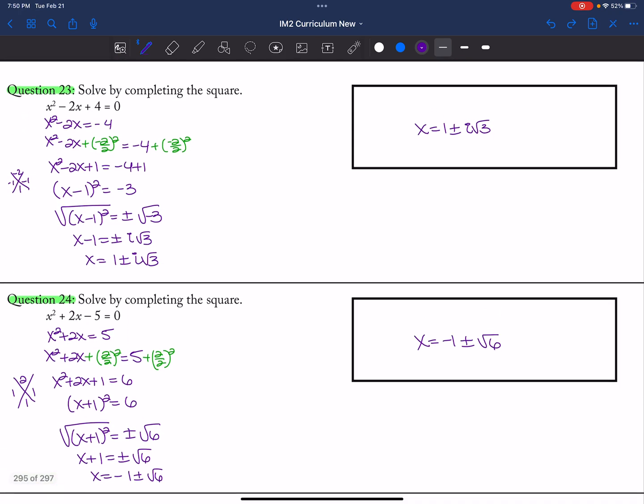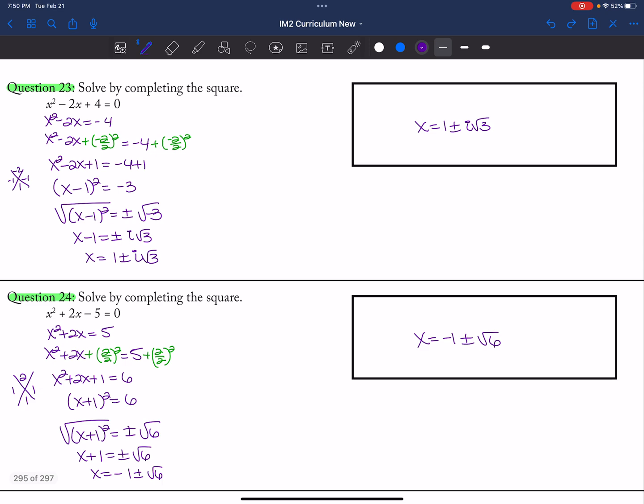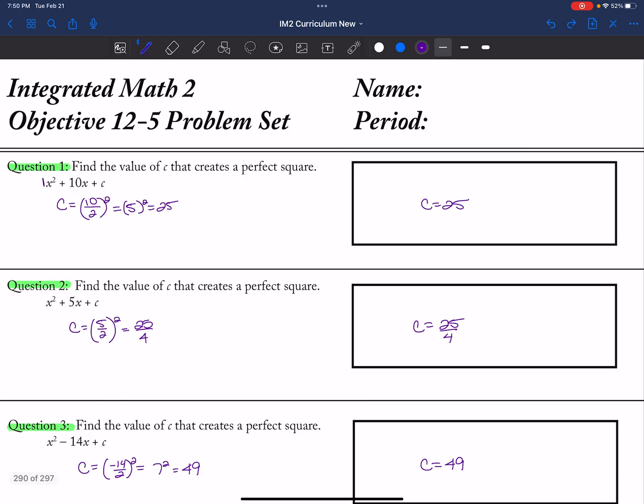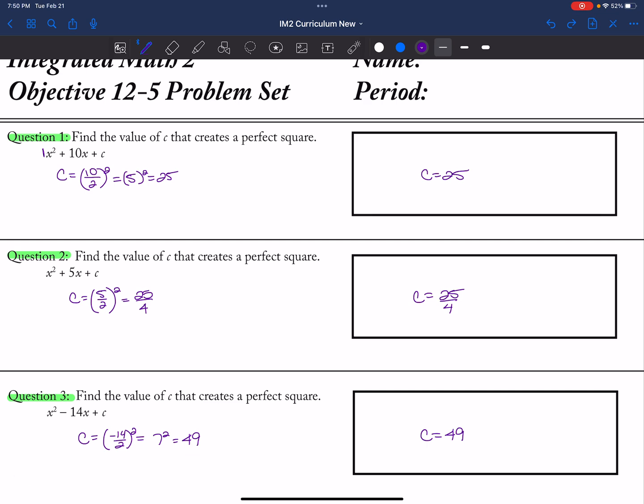But in the end, this whole completing the square idea, you could solve by completing the square, you could solve by the quadratic formula, or you could solve by factoring. So unless I specifically ask you to solve by completing the square, you don't have to. And probably the most important thing I can get you guys to do in this section is at least figure out what the value is of c so that you could actually factor into a perfect square. So that's probably the most important thing to me, okay? And that is it for this section.